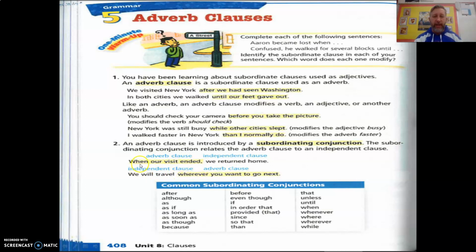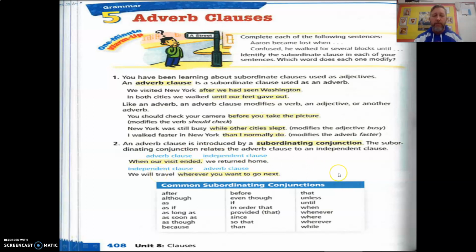The word when relates our visit ended to the independent clause we returned home. The subordinating conjunction wherever in this case takes the rest of the words, you want to go next, and relates it to we will travel.